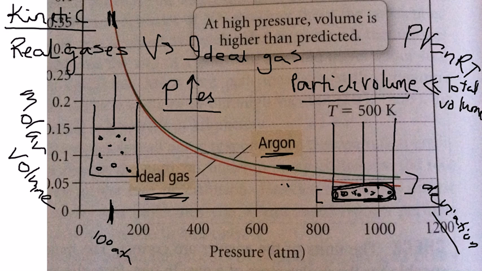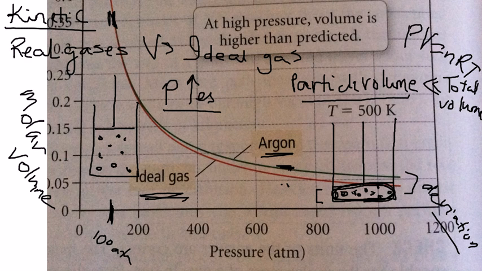That means at higher pressures, the argon atoms themselves occupy a significant portion of the gas volume, and hence that makes the actual gas volume much higher than the one that is predicted by the ideal gas law.